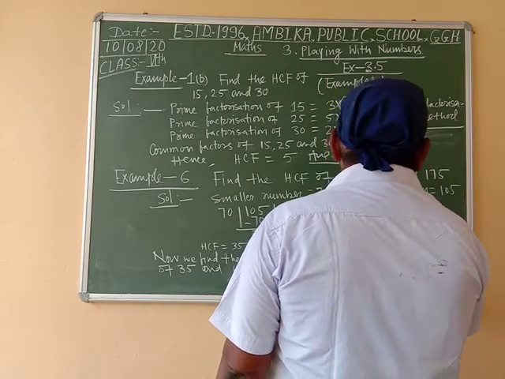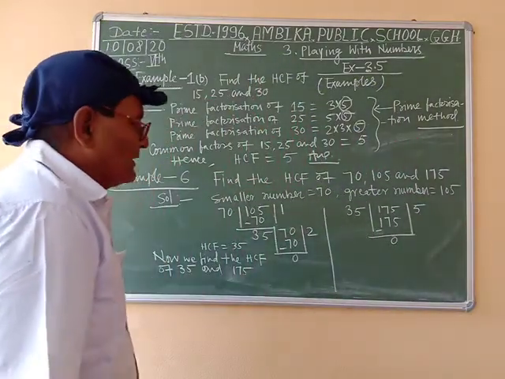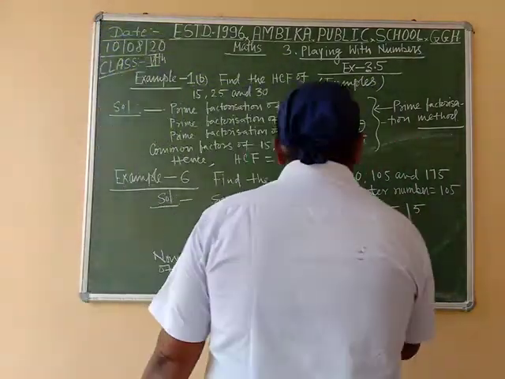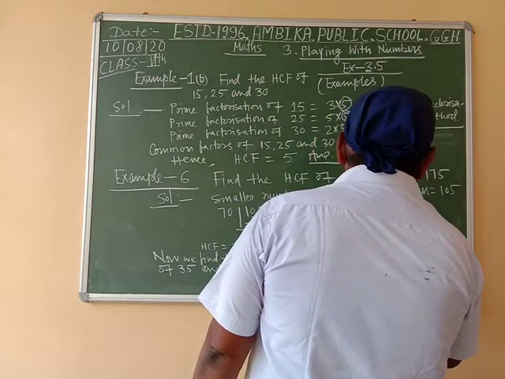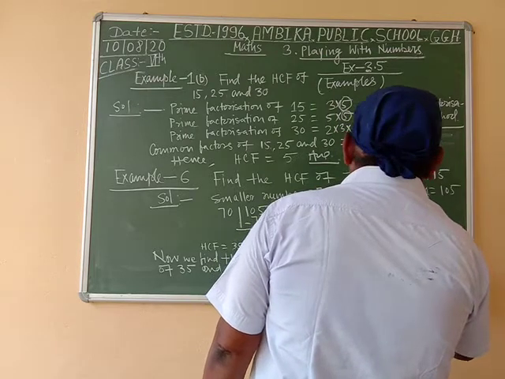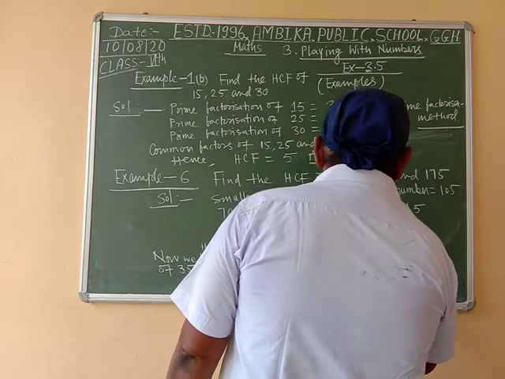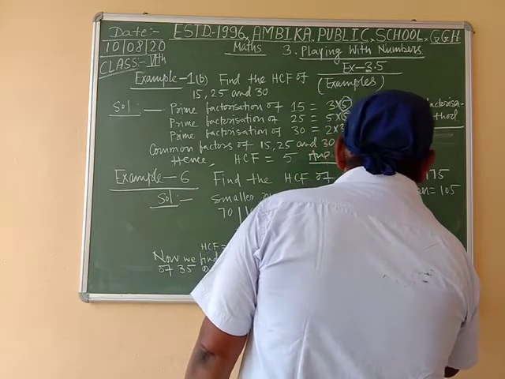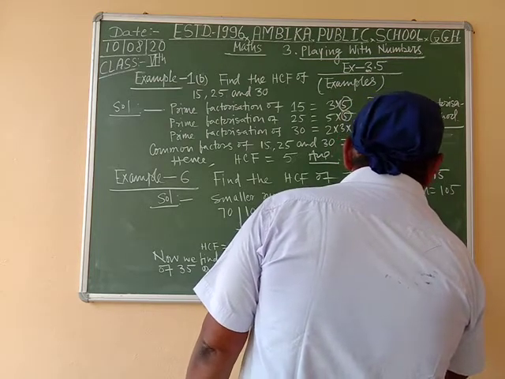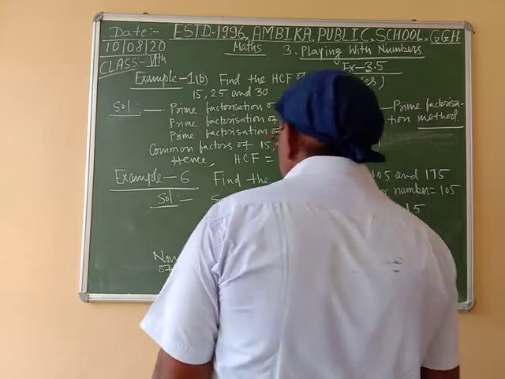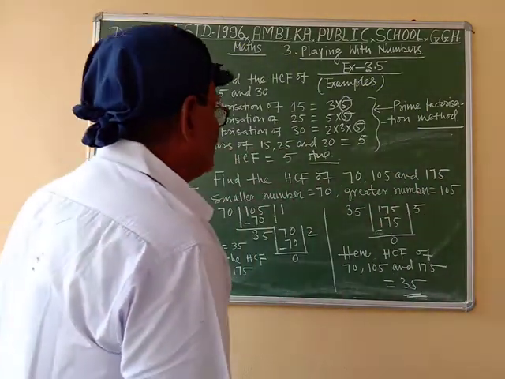So the last divisor will be the HCF of the required numbers. Hence the HCF of 70, 105 and 175 will be 35. So this method is called the continued division method.